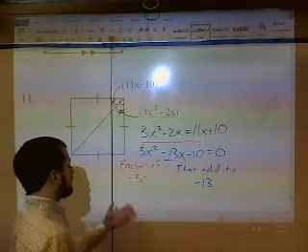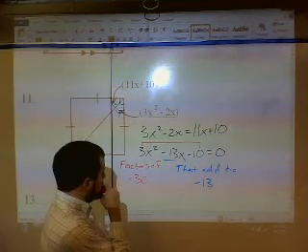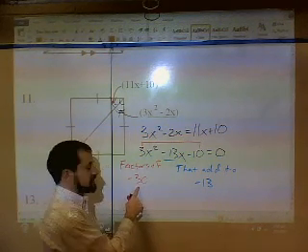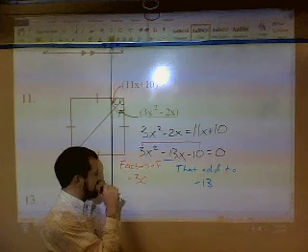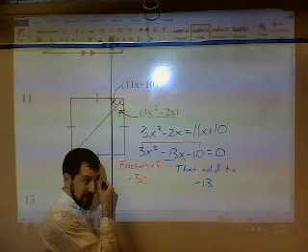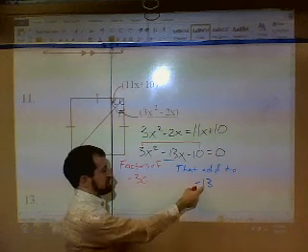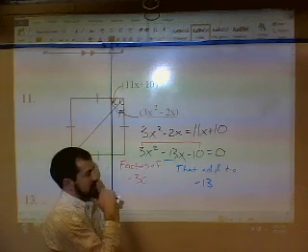Right away, how about 10 and 3? Well, one of these factors is going to have to be negative. The other one's going to have to be positive, because this is negative 30. If we had negative 10 and positive 3, that wouldn't add to negative 13. That would add to negative 7.